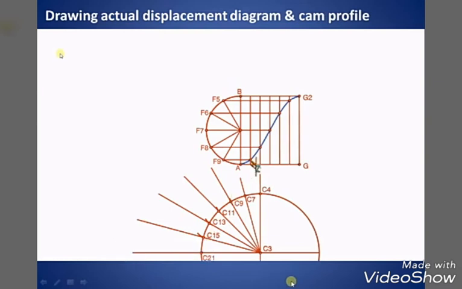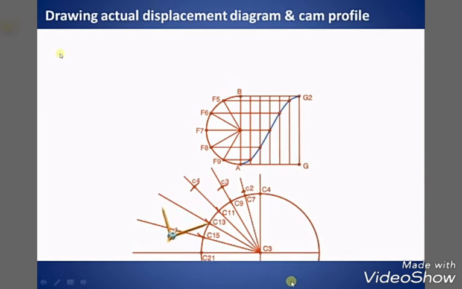And as we have seen earlier, now transfer these distances over here. So this is the first point. Then transfer the next distance over here. Then the third one, measure this distance and transfer this by using our compass.